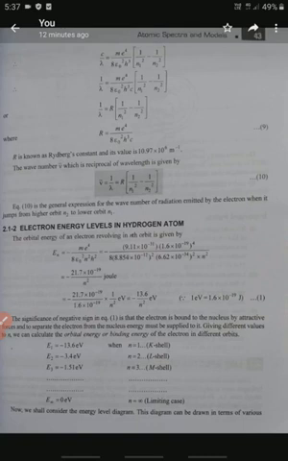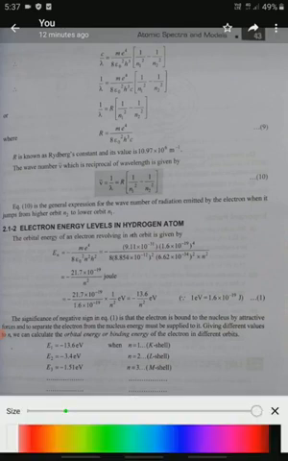So here nu we can write as c by lambda. From this, m e to the power 4 by 8 epsilon naught square h cube, times 1 by n1 square minus 1 by n2 square, we can write 1 by lambda is equal to this value.